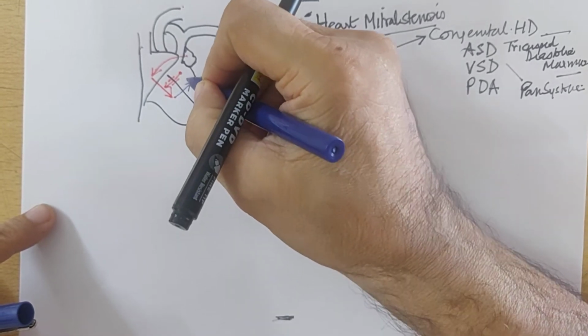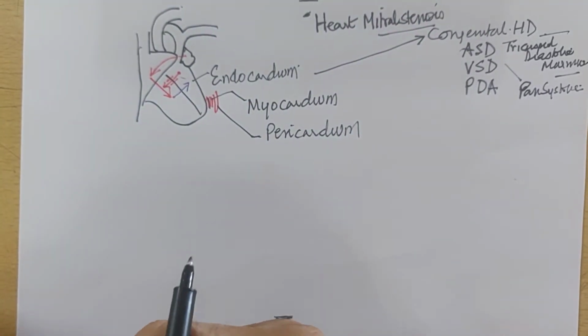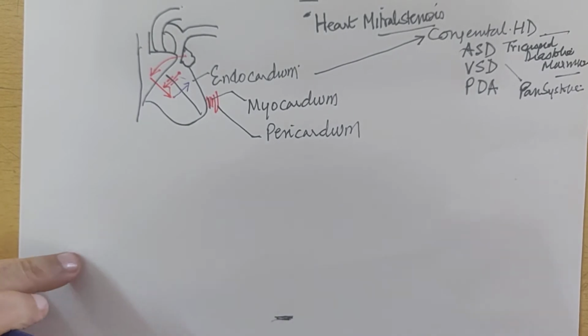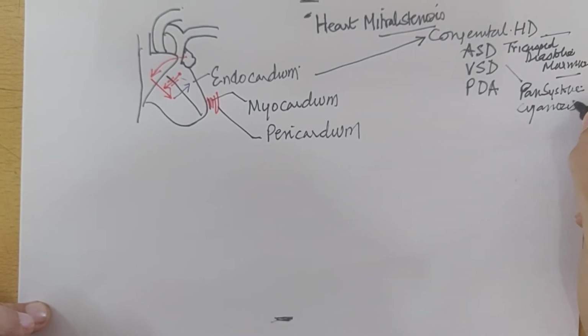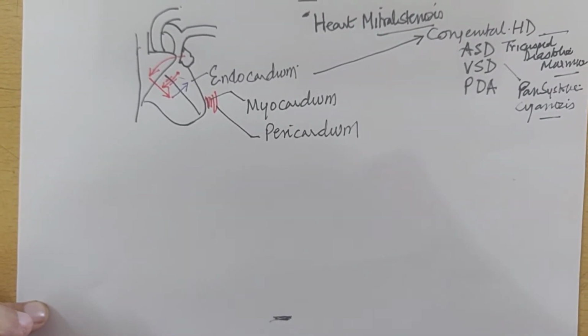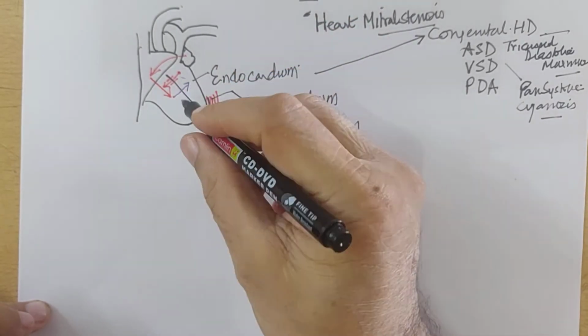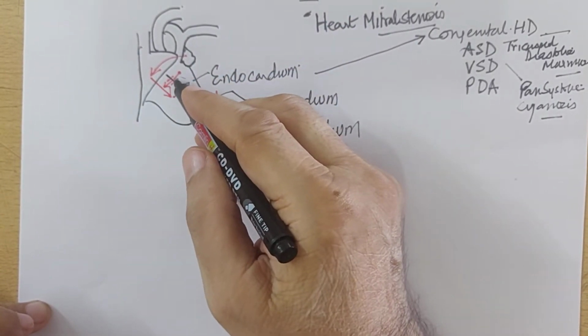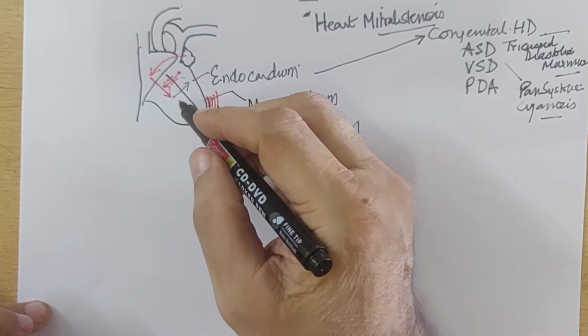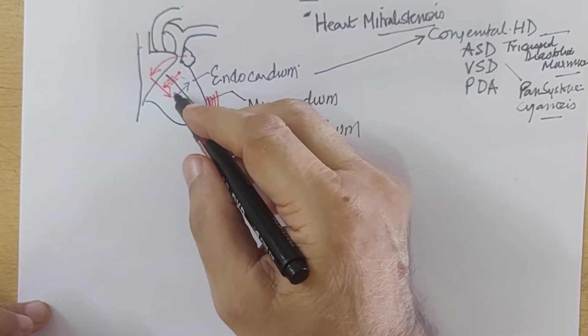And when this happens, there will be cyanosis, because unoxygenated blood will go onto the right side. So normally, since the left side pressure is higher, the blood would go from the left to the right, but gradually as the pressure on the right side increases, this shunt is reversed.